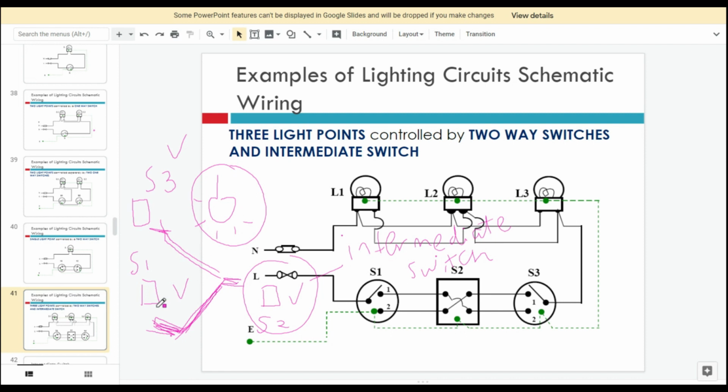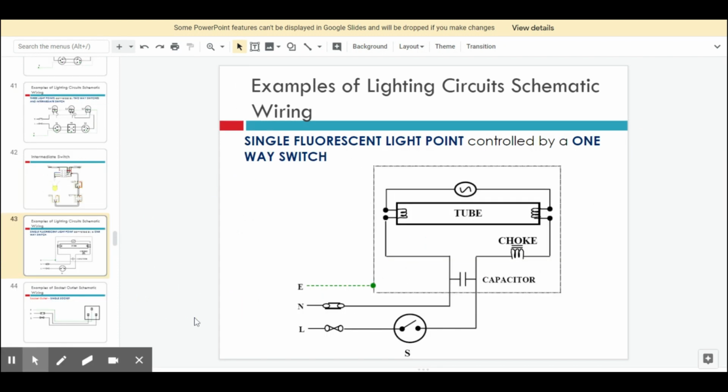So this light point can be controlled by three switches. Okay, so we continue with the other lighting circuits schematic wiring.